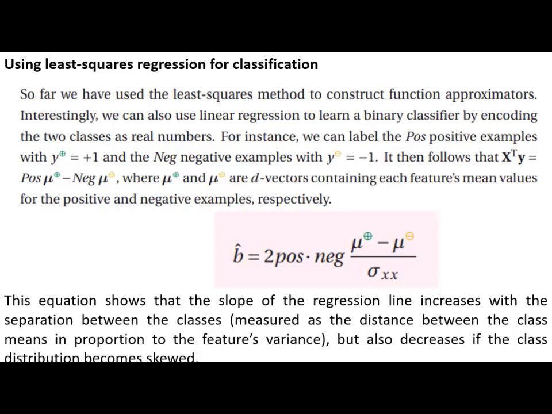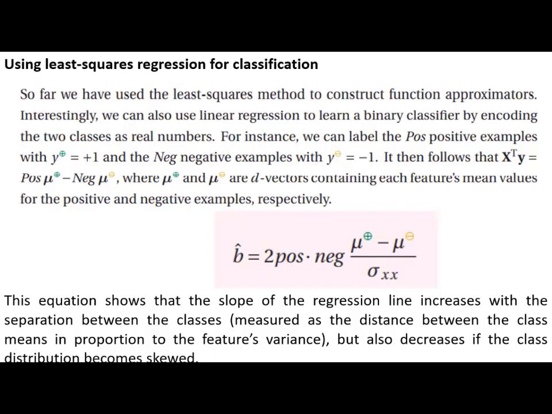So far, we have used the least squares method to construct function approximators. Now, we can also use linear regression to learn a binary classifier by encoding the two classes as real numbers. For instance, we can label positive examples with y positive as +1 and the negative examples with y negative as -1.